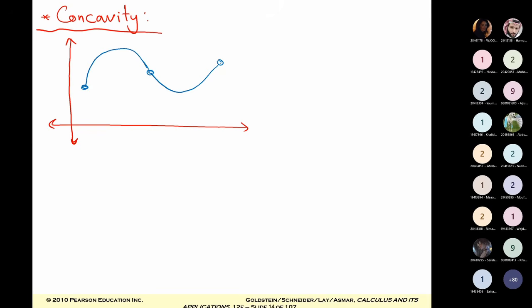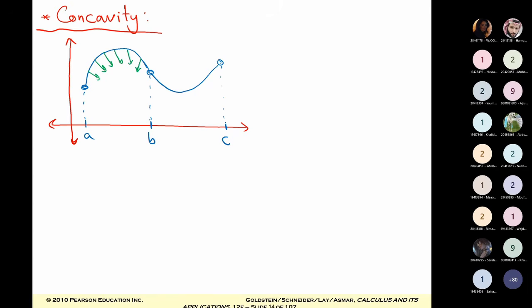Look at this graph. We have, for example, points A, B, and C. From A to B, look at the function, the concavity is downward.